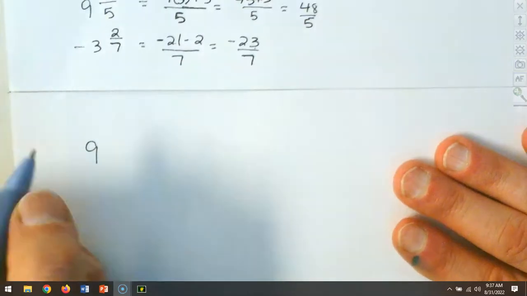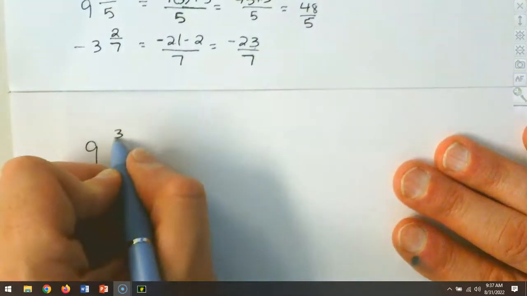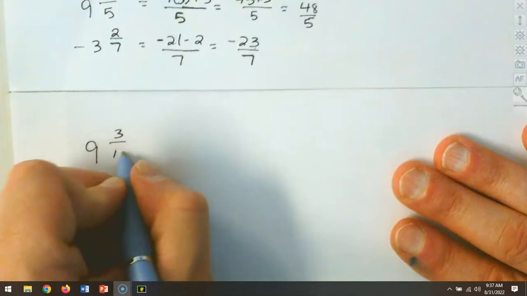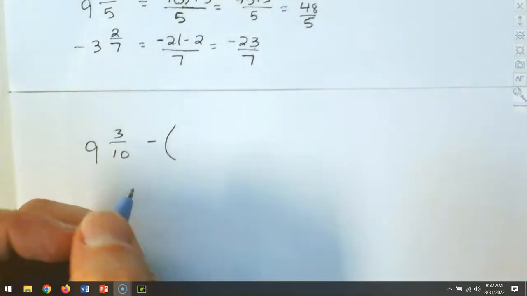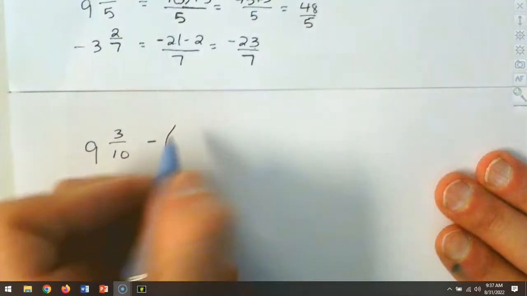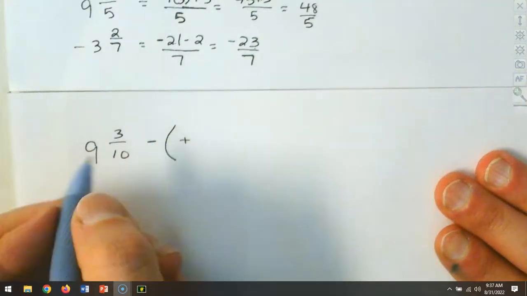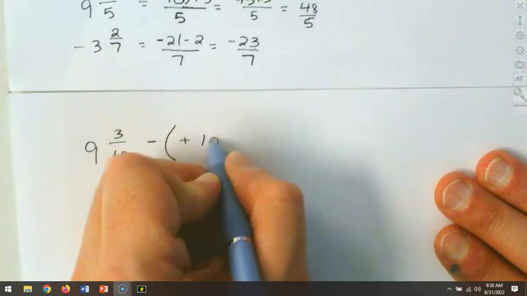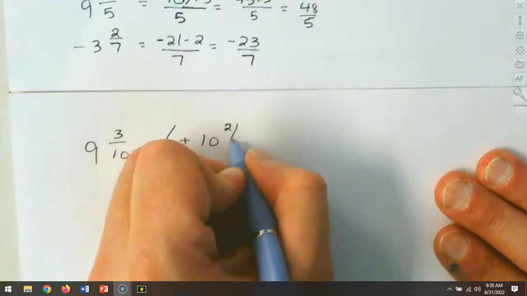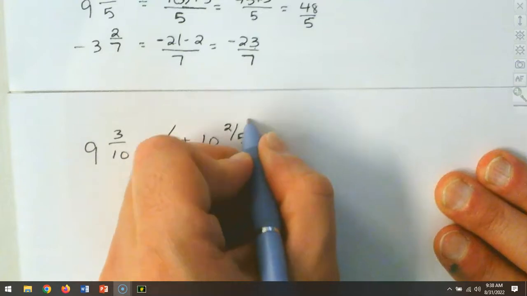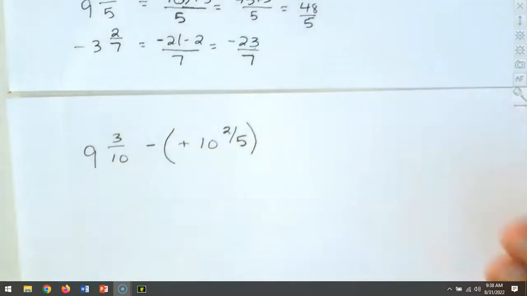One more of these. How about 9 and 3/10 minus a plus 10 and 2/5. And in some cases, there may be extra signs that you don't need.